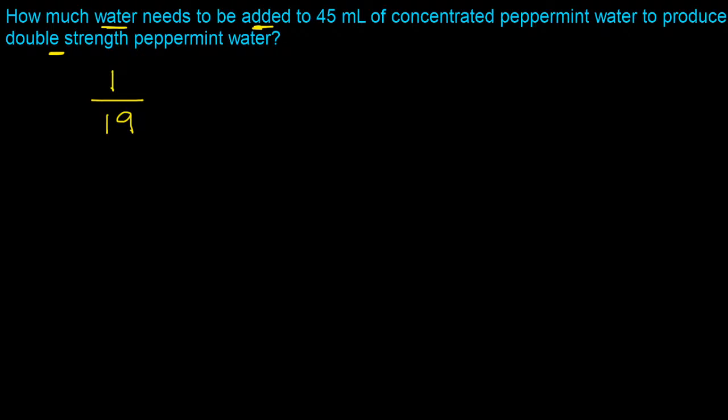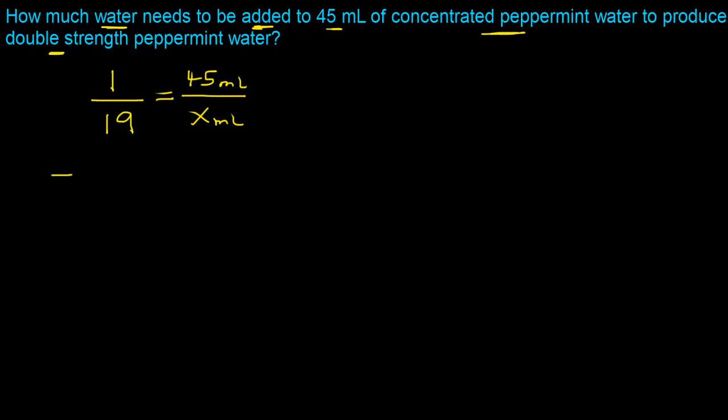Okay, so now we set up the proportion, and the question is, does this 45 go in the numerator or the denominator? Since we are adding water to this, and this is the concentrated portion, it goes in the numerator. So your 45 milliliters will be here on top, the numerator, and the denominator will be the volume of the water that you need to add.